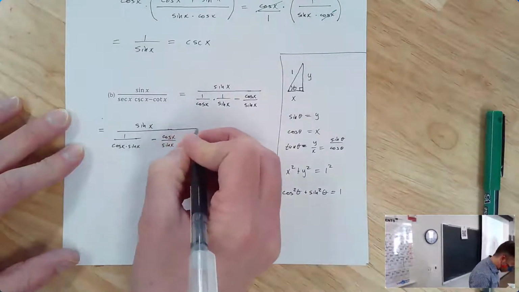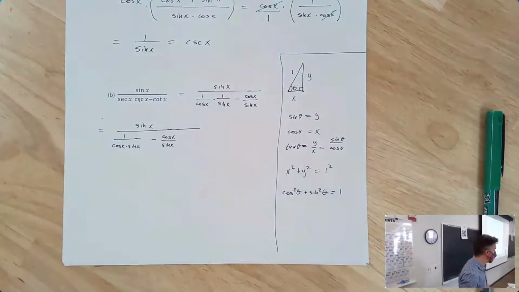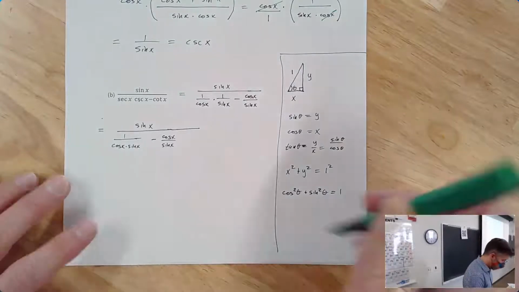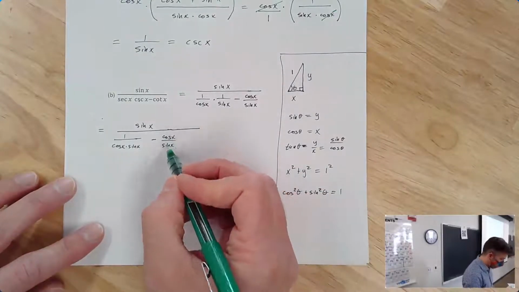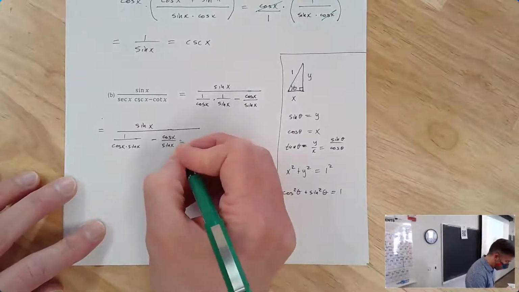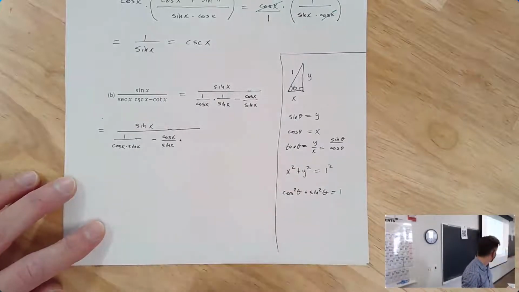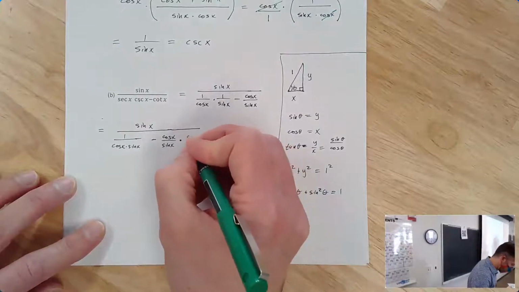And once again, I'm in a situation where I would like to add or subtract two fractions, but they don't have the same denominator. So I need a common denominator. What am I going to multiply cosine x over sine x by so that I have a common denominator? Yeah, cosine x over cosine x.